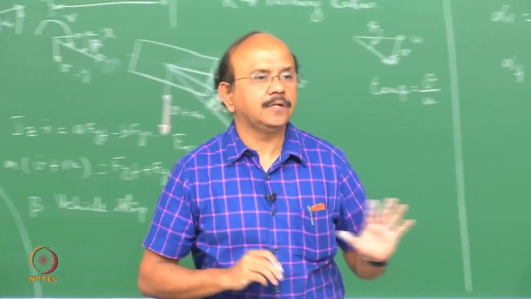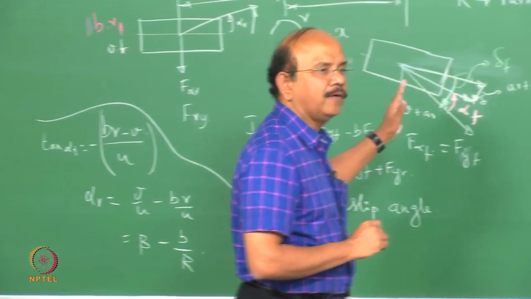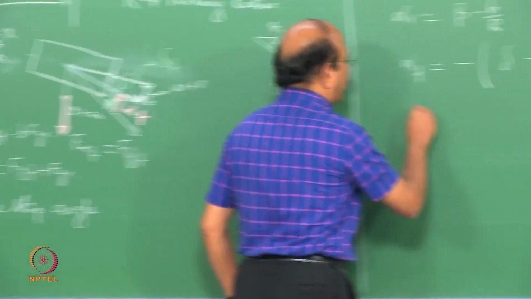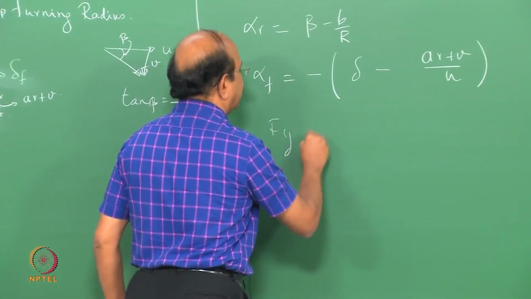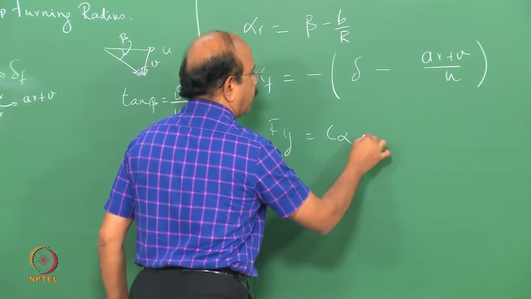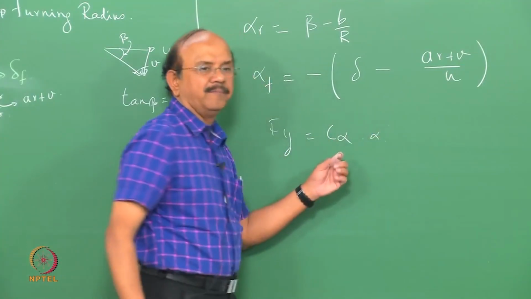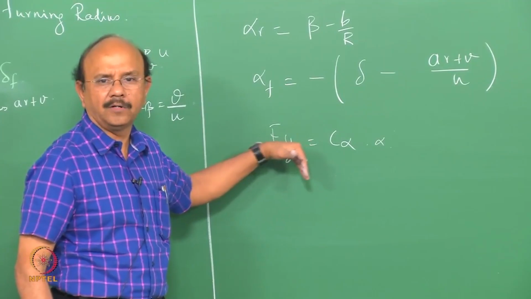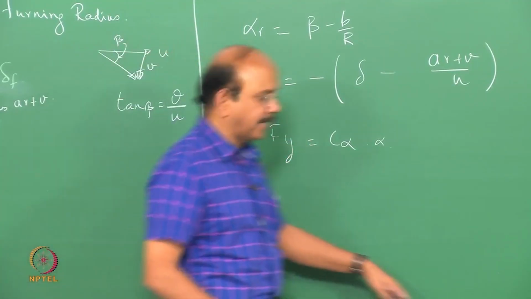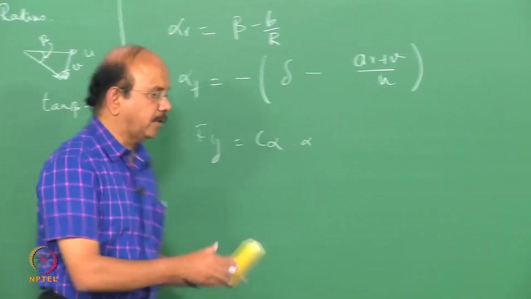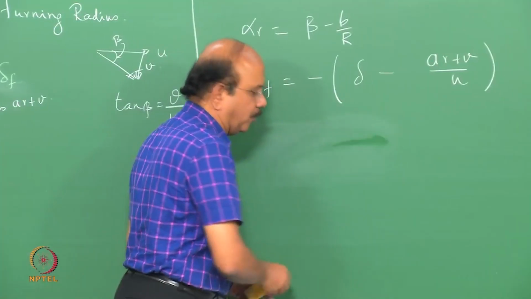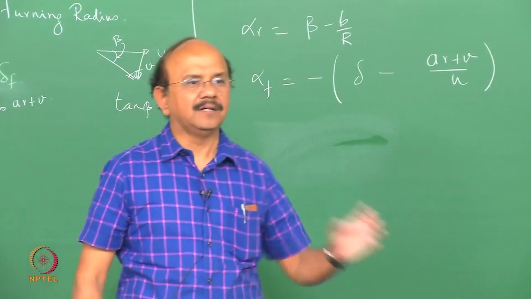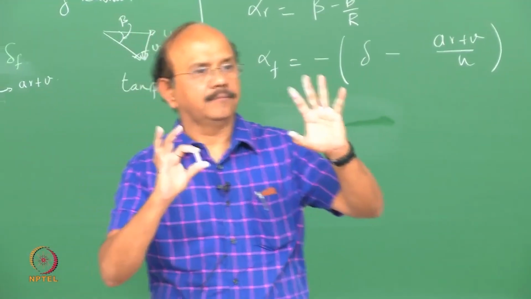In many books you would see that it is alpha F, and when I develop FyF or Fy, it is just multiplied by C alpha multiplied by alpha. There's a small confusion. There's nothing wrong with this, but you have to be very careful on the way you are writing it. So I'm going to write that. You will see that I'll put two minuses, so that I take care of that. Clearly, the signs are clear.